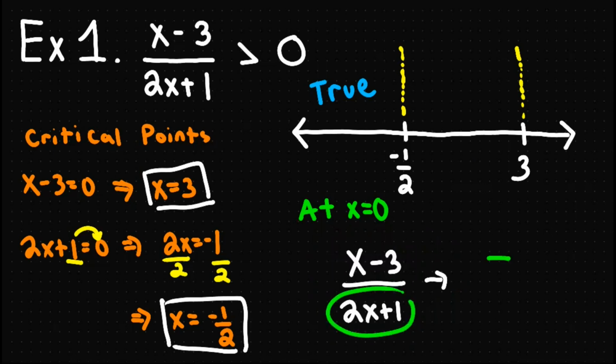Then 2 times 0 plus 1, simply 0 plus 1, which will give us a positive value. So negative over positive will give us a negative value. And when it is a negative value, we know that it is not greater than 0. Therefore, the region out here is false, as it was not able to satisfy our inequality.